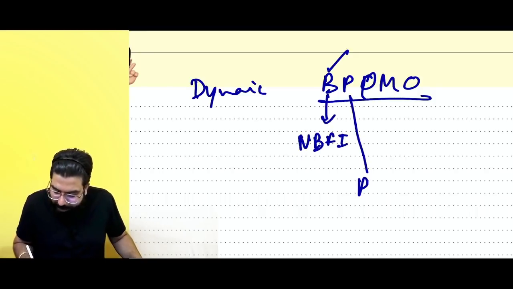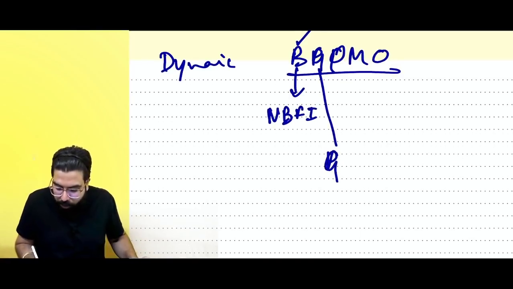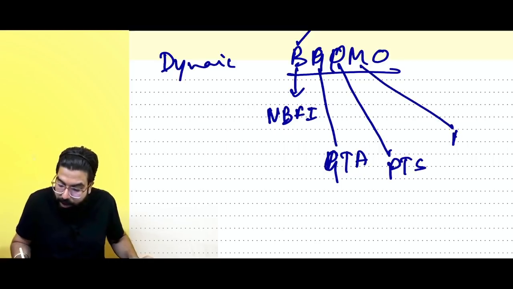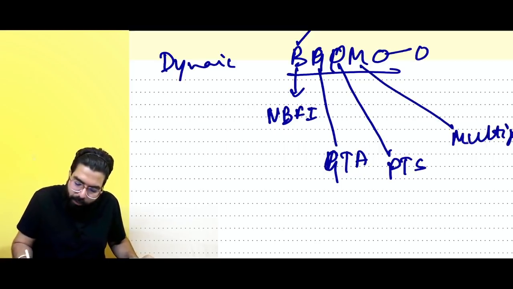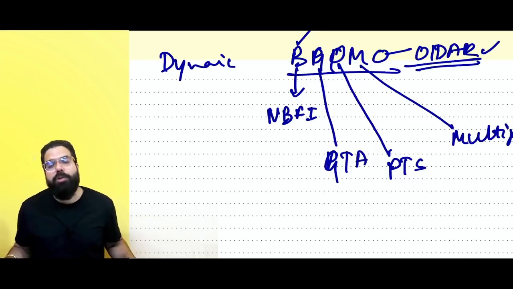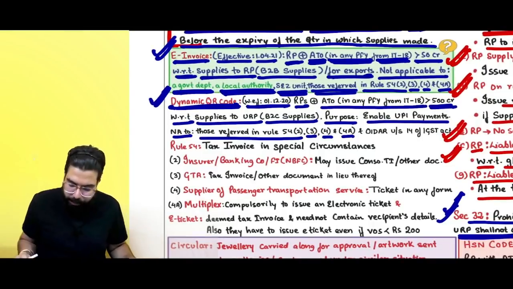P for passenger, G for goods transport agency. P for passenger transportation service, and in the case of multiplex. O for OIDAR, basically those OIDAR who are supplying from outside India. Yes, sir, dynamic QR code is for B2C supplies. Done, sir. Point is clear.